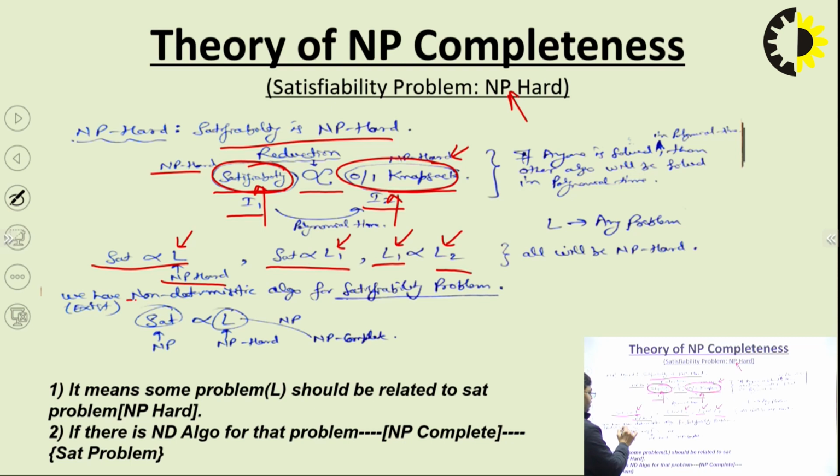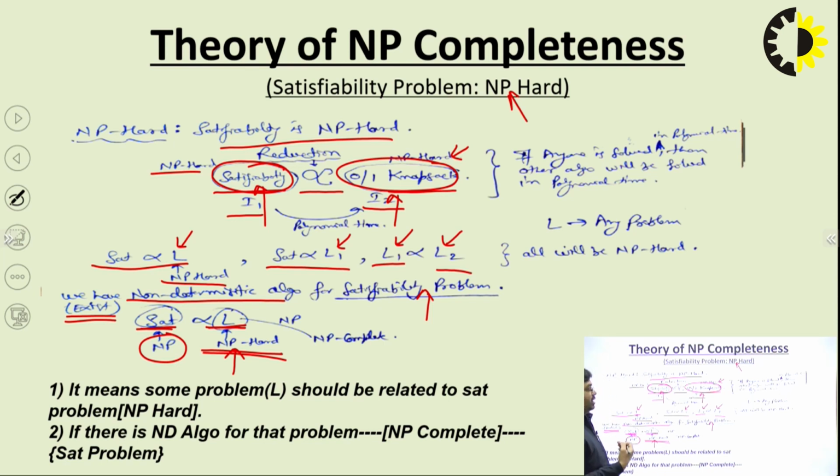So we have a non-deterministic algorithm for the satisfiability problem, which already exists in algorithms. Means satisfiability problem, which is an NP class problem, can be reduced to some problem L. If some problem can be reduced to another problem, we can say it is NP hard.